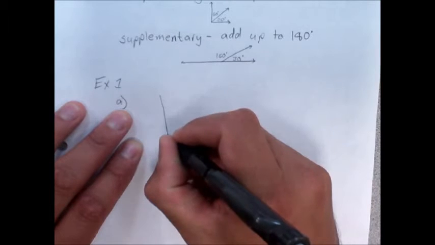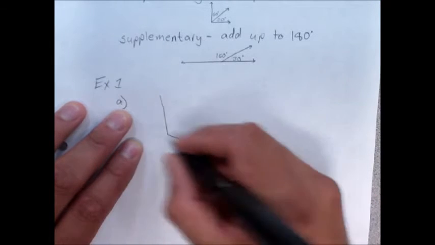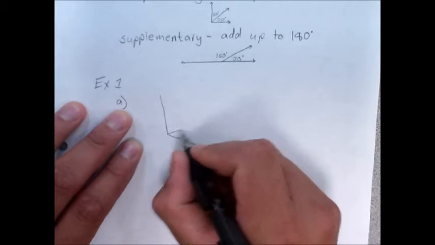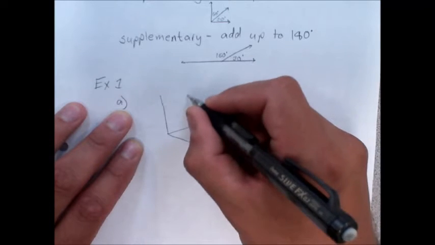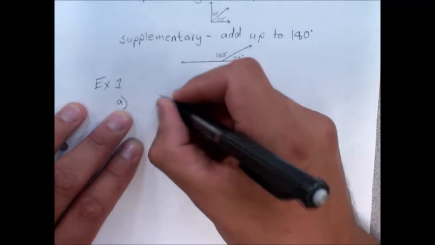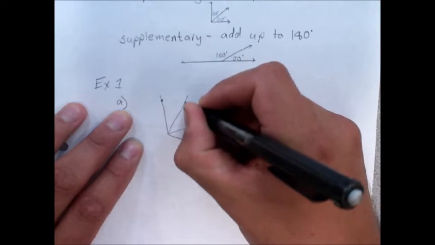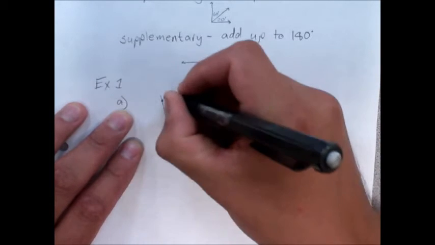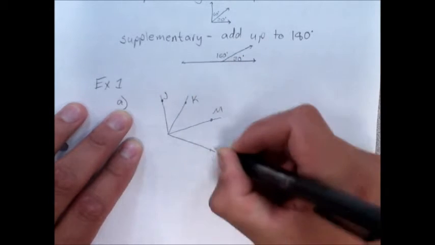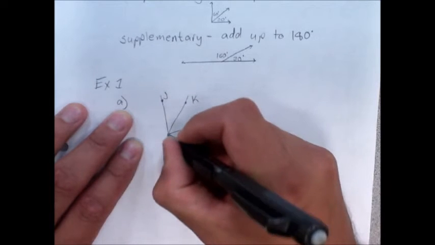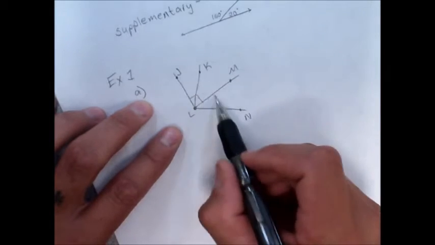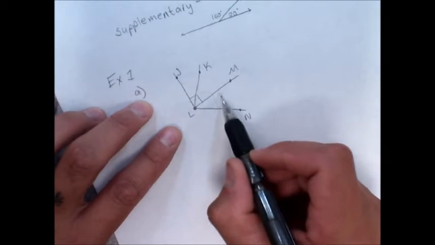We're going to use those same letters for continuity's sake: J, K, M, N, and L. It told you that this angle right here was also 90 degrees, which means it's a right angle.